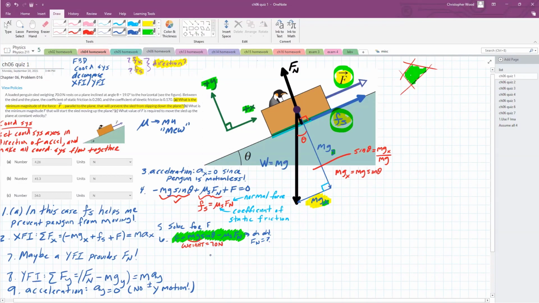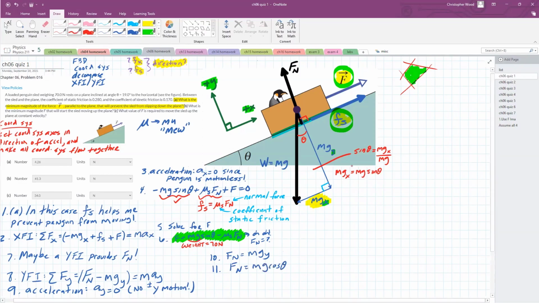So step 10 leads us to the following. I can say F sub n equals mg_y, and ultimately F sub n equals mg cos theta.